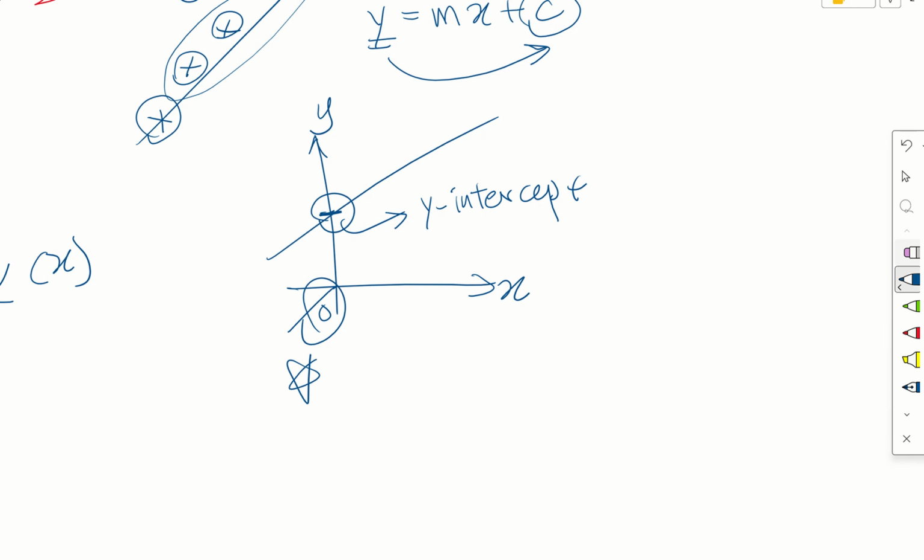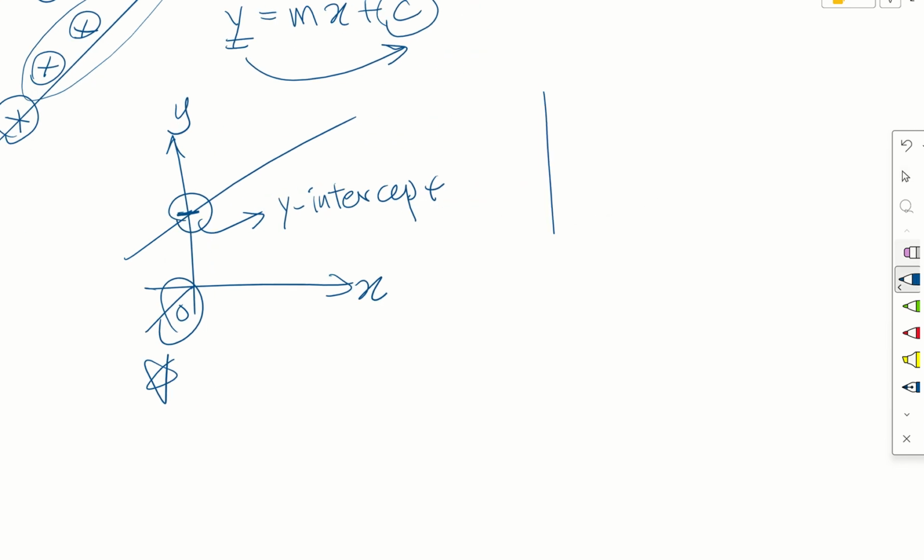But you know, we are required to draw the graph as large as possible to cover 50% of the graph paper in the x and y direction. So sometimes, let's say, my x value starts from 5,000, next one is 6,000, for example.